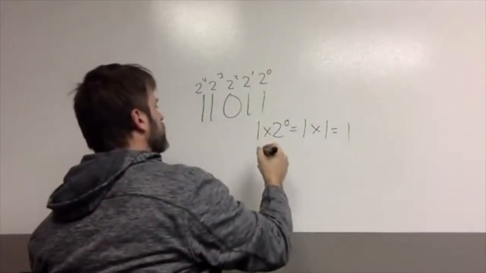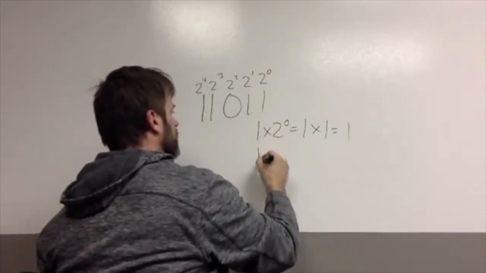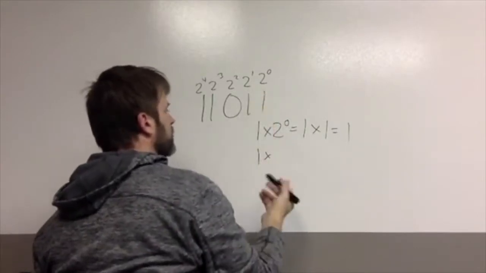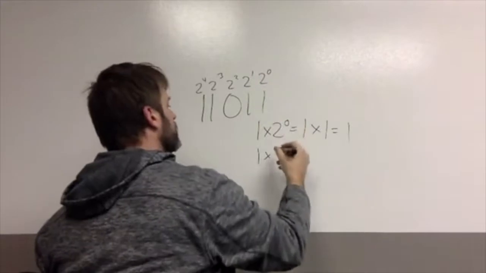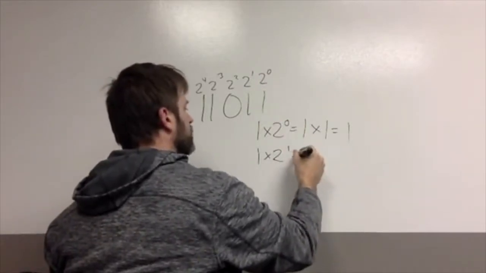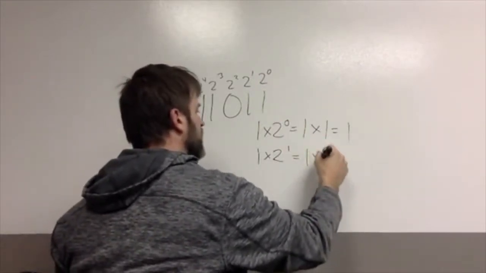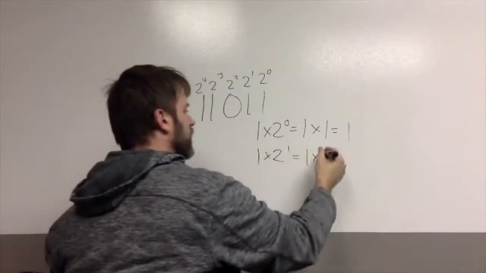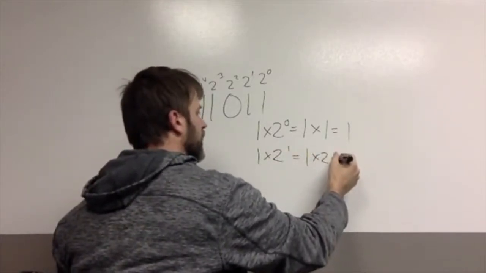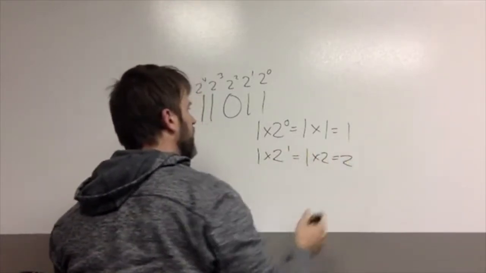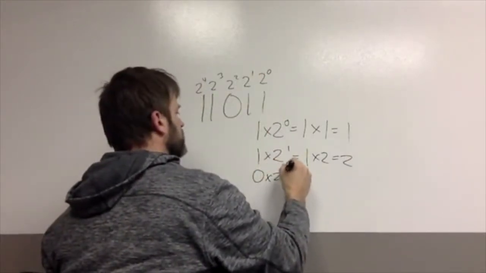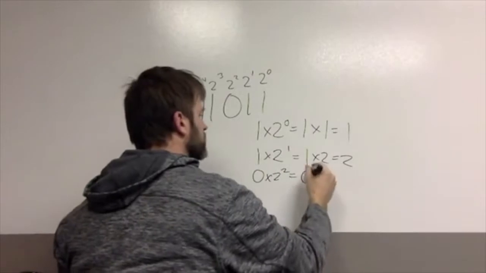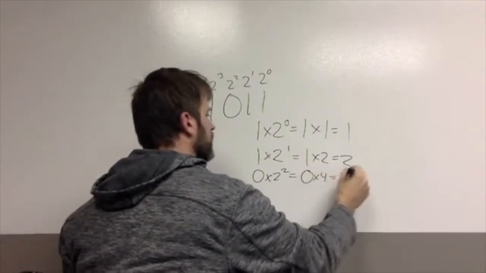This next value is 1, because there's a 1 here. Of course, there can only be a 1 or a 0. Times 2 to the first power, which is the same as 1 times 2, because anything to the power of 1 is just itself. And that equals 2. It's 0 times 2 squared, so that's 0 times 4, which is 0.